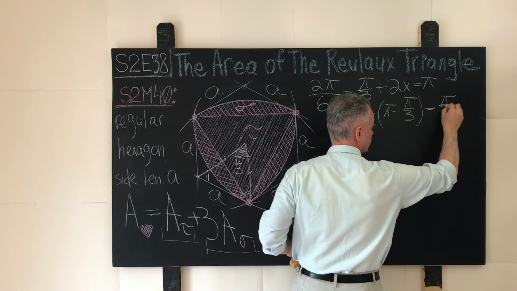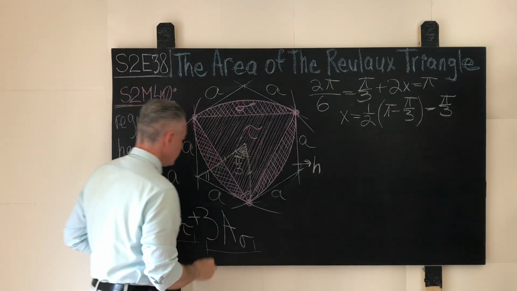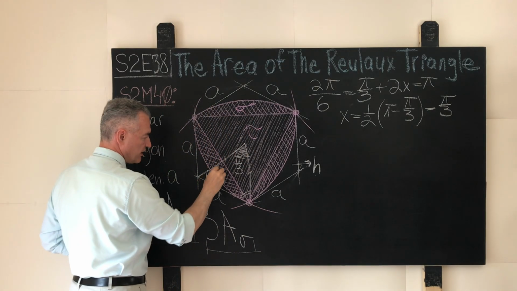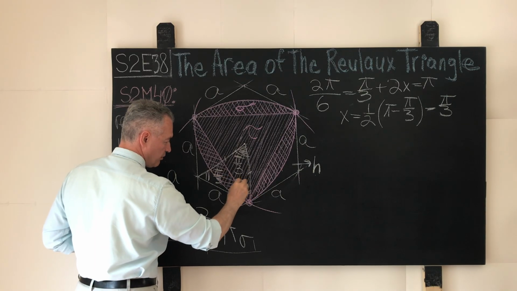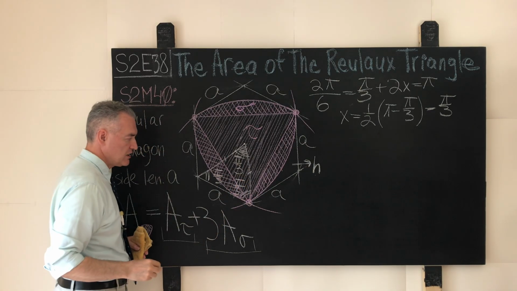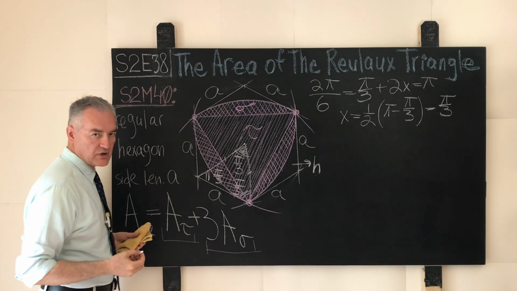Pi over 3 radians. So the magnitudes of these angles are also pi over 3, and here is pi over 3.